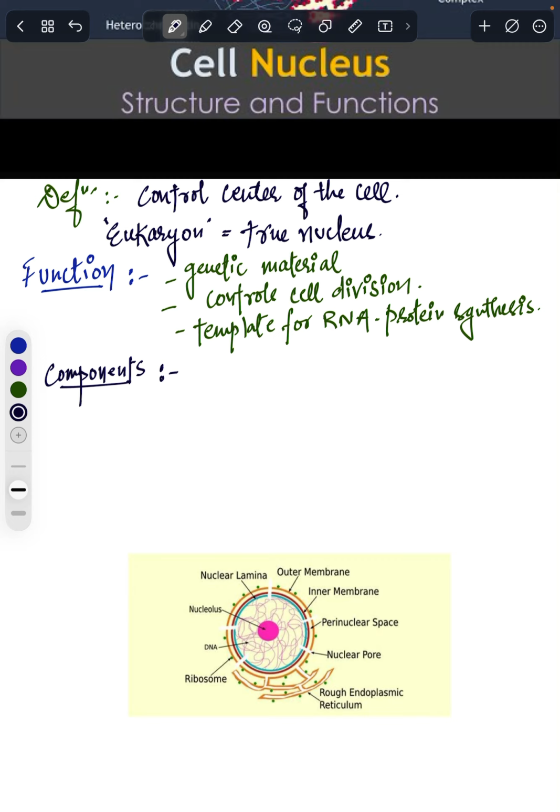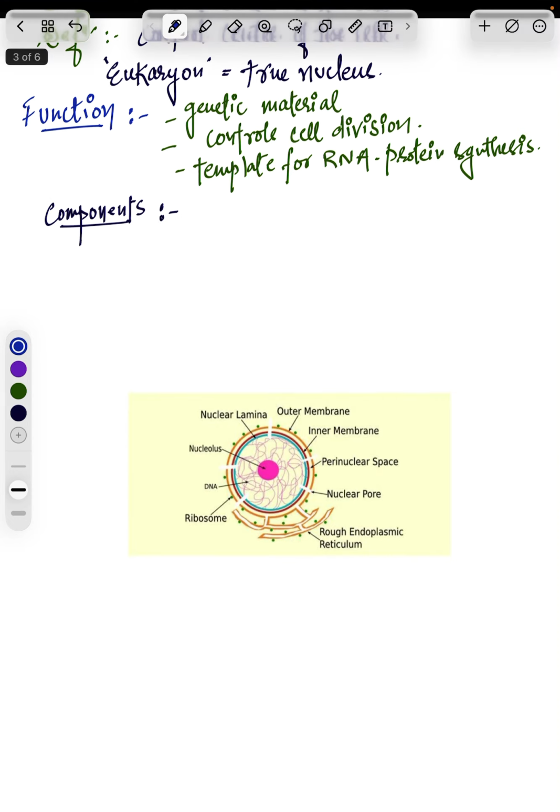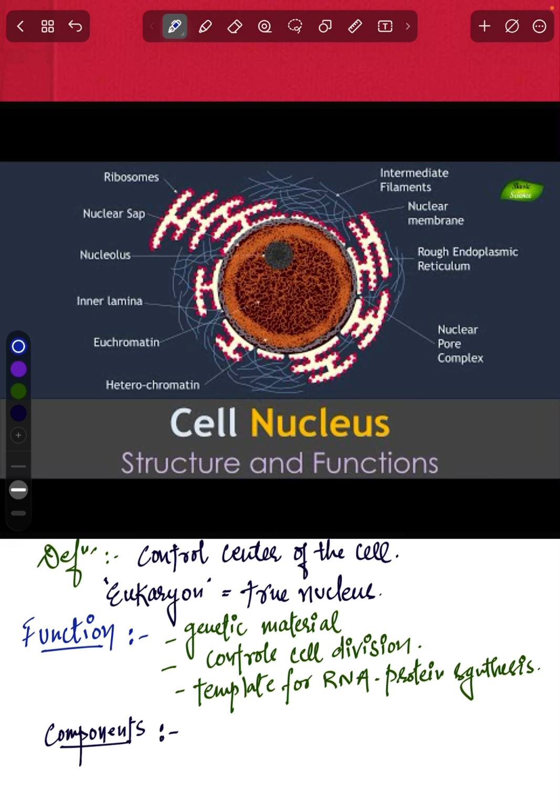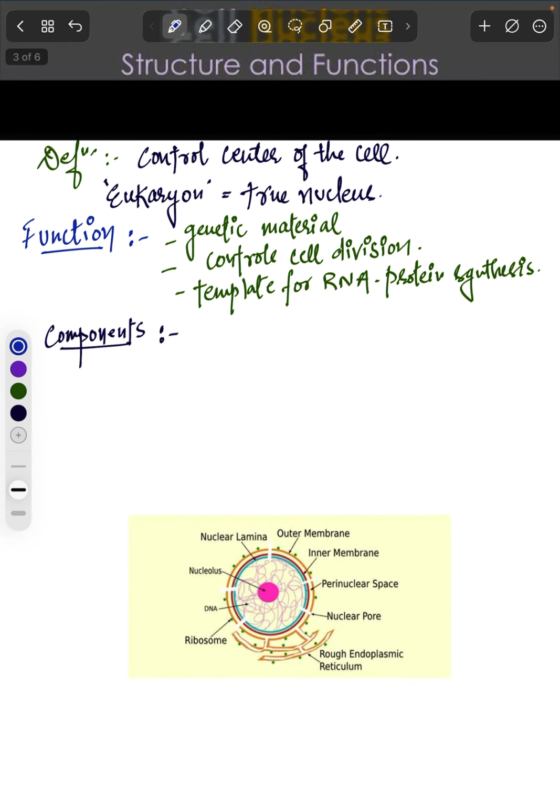So we see that the nucleus has a nuclear envelope. Here you can see in this diagram, this double layer outside of the nucleus is the nuclear membrane, or you can see here, this is the outer membrane and this is the inner membrane.